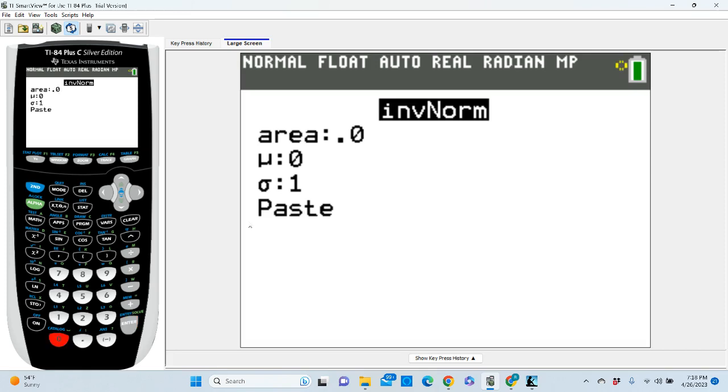So I can either say the area to the left is 0.025, and that will give me the lower critical value on the distribution. Or I could take that 0.025 in the tail and add it to the 0.95 in the middle and say, give me the cutoff for the area to the left being 0.975.